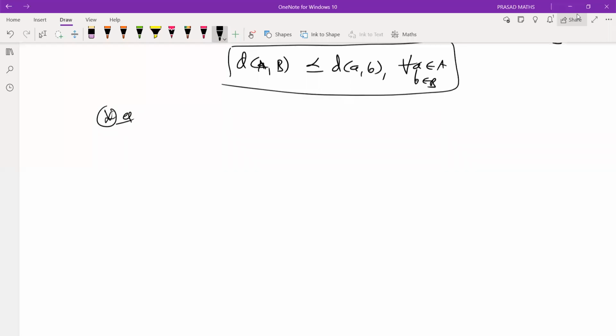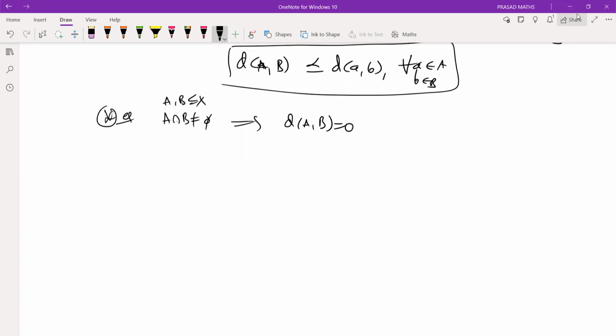Next, suppose you take two non-empty sets which are not disjoint, subsets of a metric space, meaning they may intersect at some point. Then the distance between A and B must be 0.